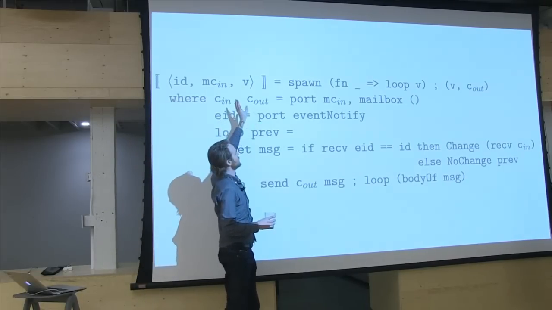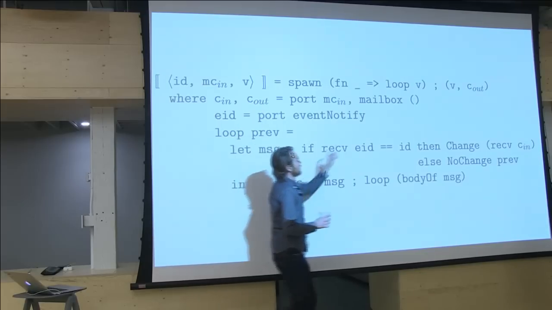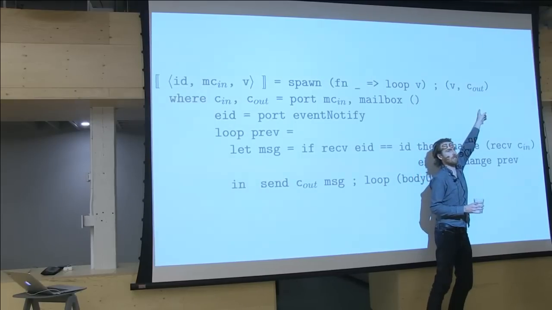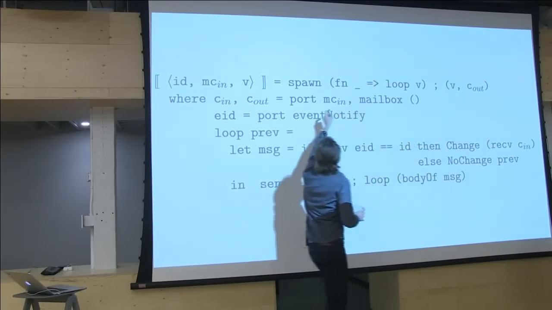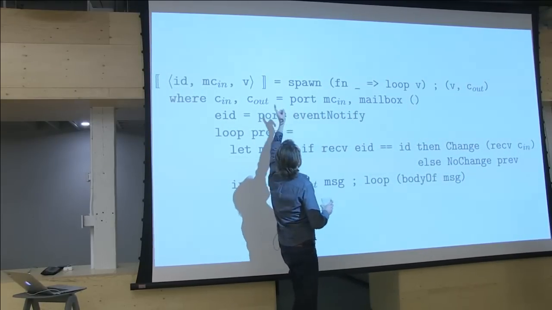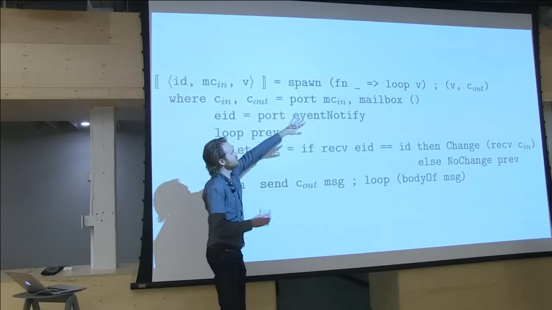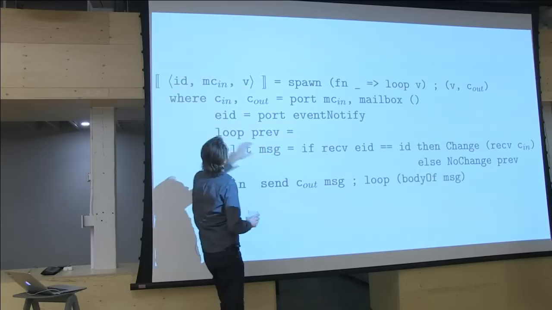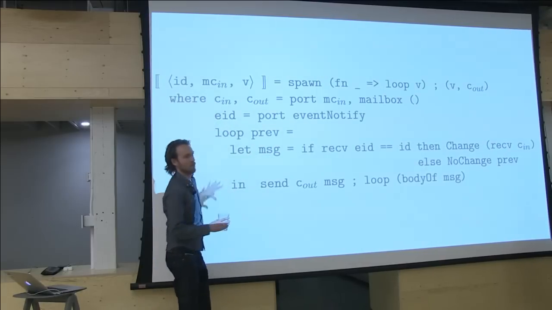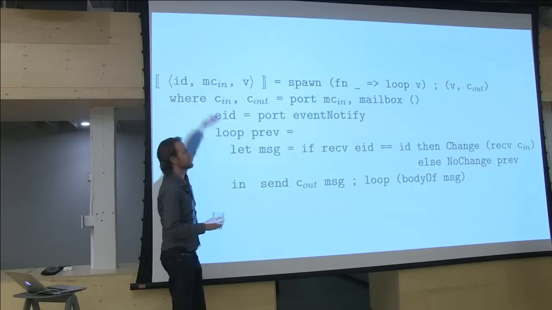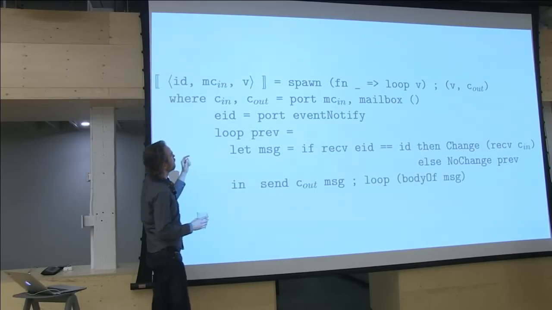Then this is going to be the return value: an initial value and this channel cout. But before we get that return value, we're going to spawn this loop function. And we get the loop function and v and cout from this where clause. So this is like an inverted let. This is where we have all the definitions, and then we return this thing up above.